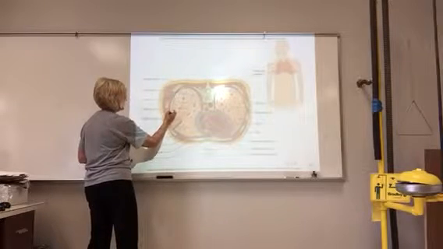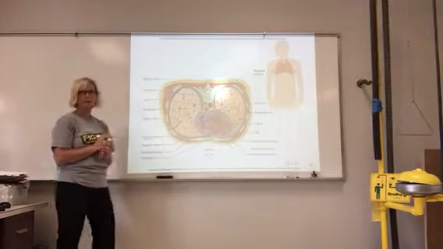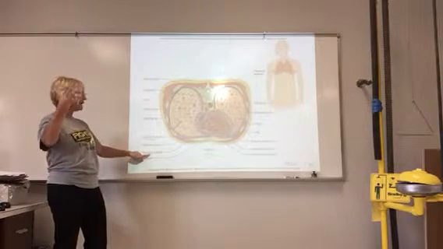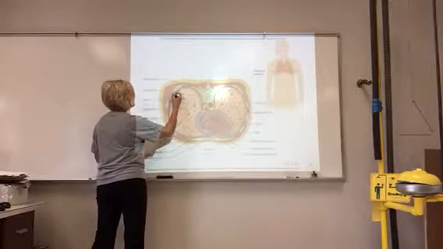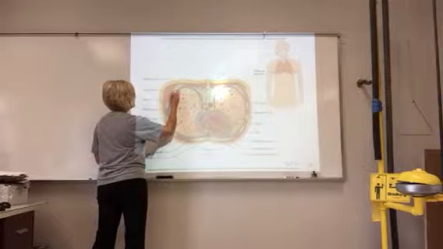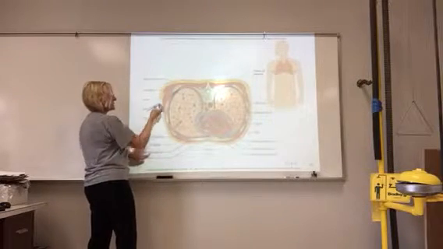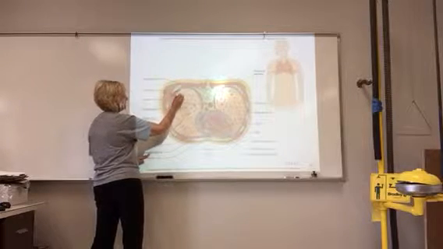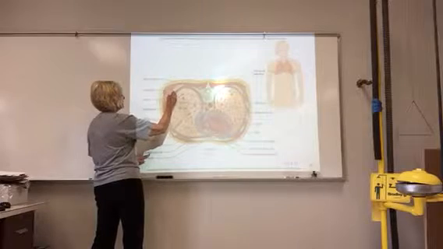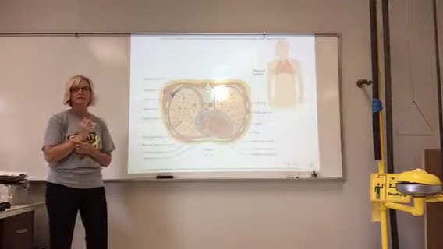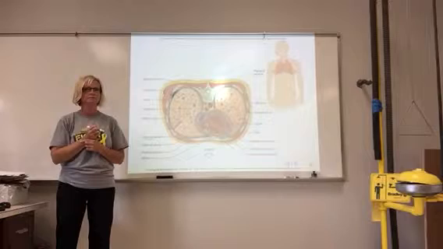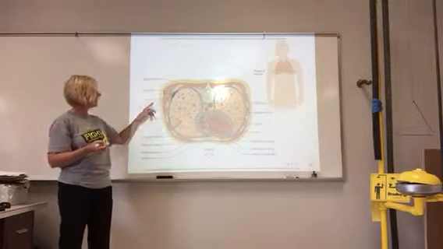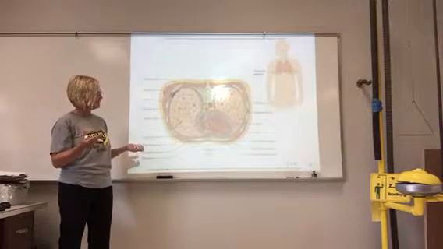So visceral is the lining right on the lung. Parietal means outside. So my parietal pleura is the outside of that cavity. So that's parietal, that's visceral, and then this cavity in between is where that fluid is. So visceral is going to be on an organ, parietal is going to be outside of the cavity.